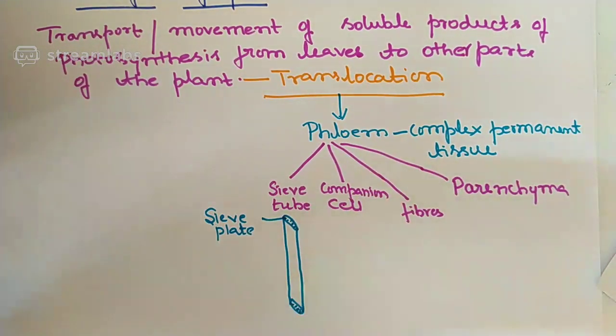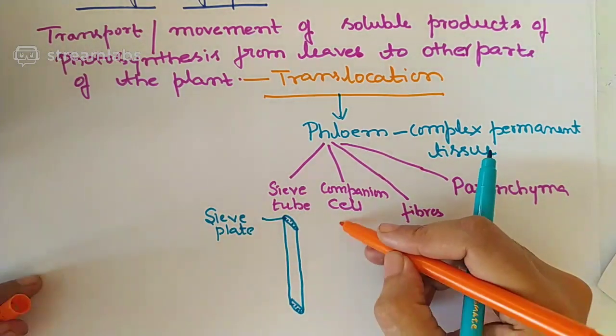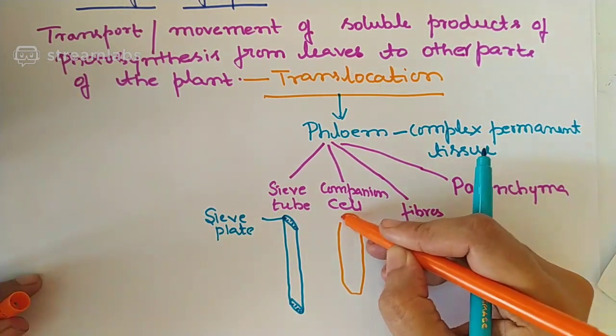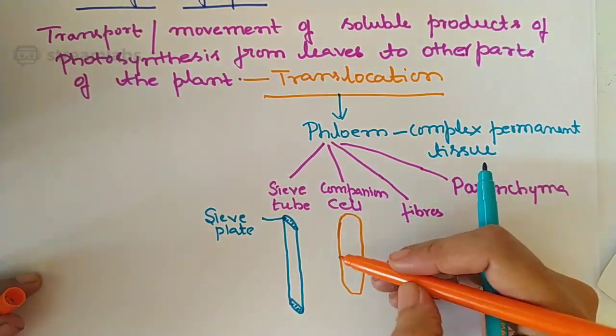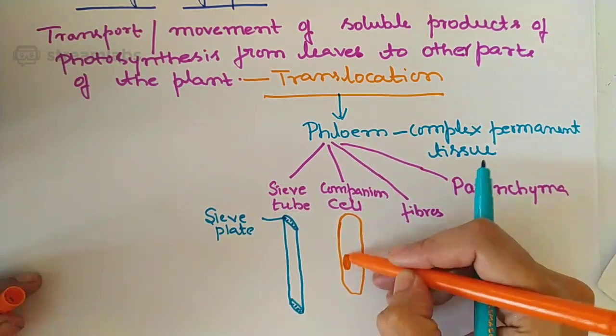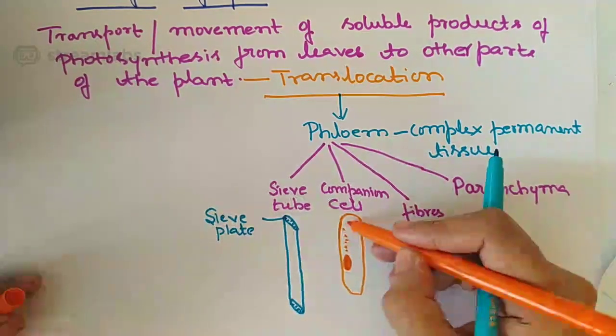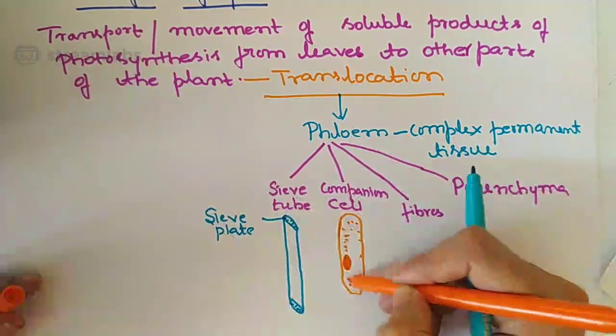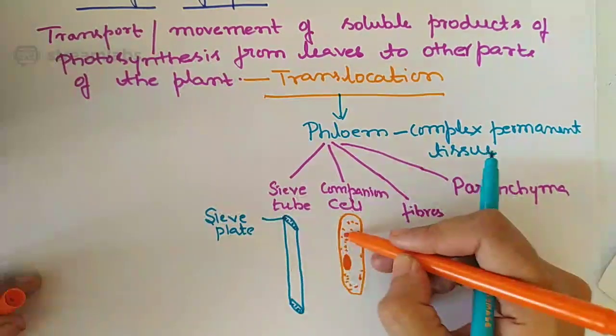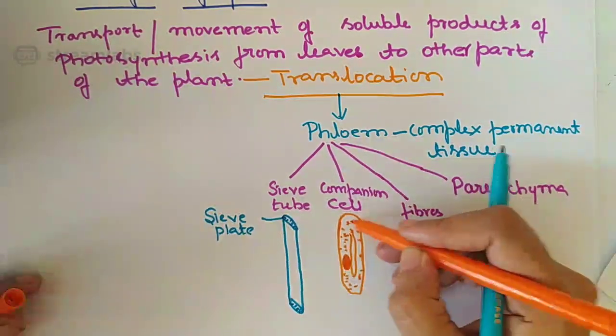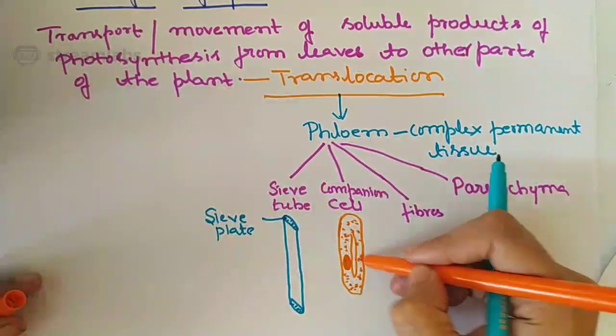So companion cells are nothing but parenchyma cells, but with a prominent nucleus and dense cytoplasm.